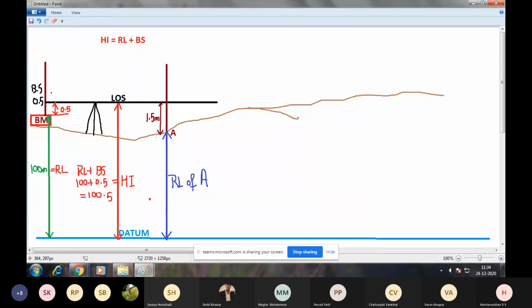Height of instrument minus this staff reading will give me the RL of A. So I can generalize the formula: RL is equal to height of instrument minus intermediate sight. This 1.5 meter is nothing but the intermediate sight.